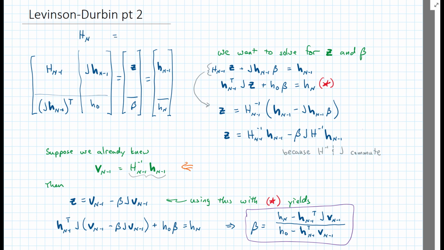This is H_n times v_n is equal to little h_n, and we've solved that problem. So here, where we've marked it in orange, this is really the solution to the smaller problem.